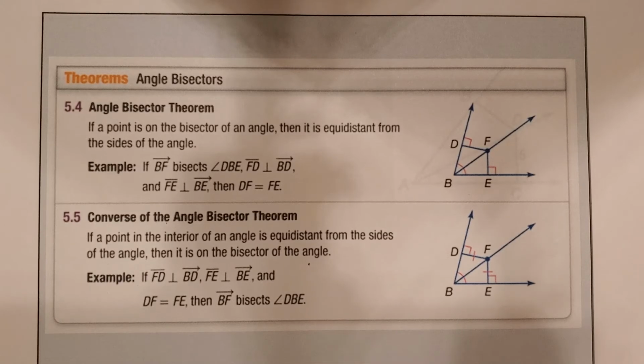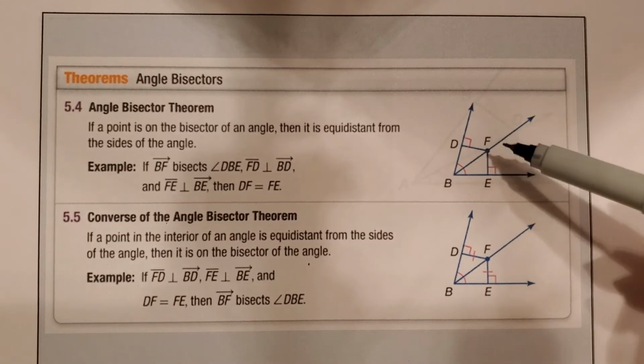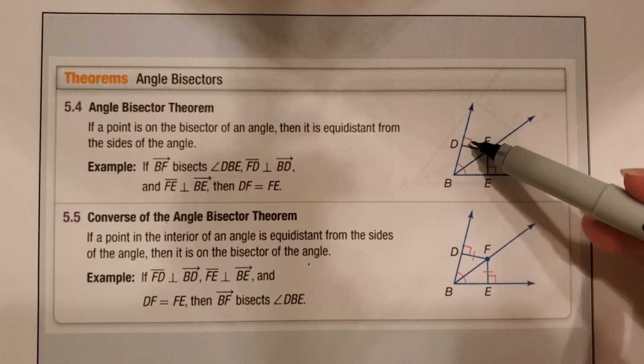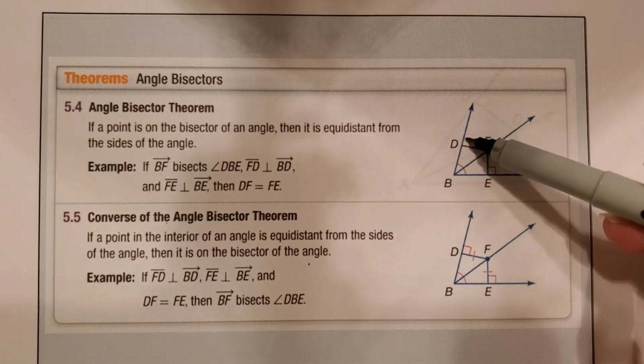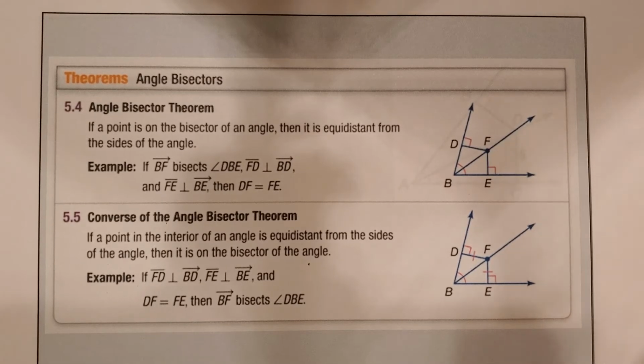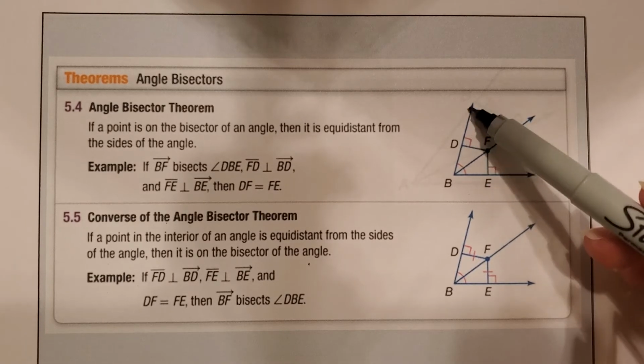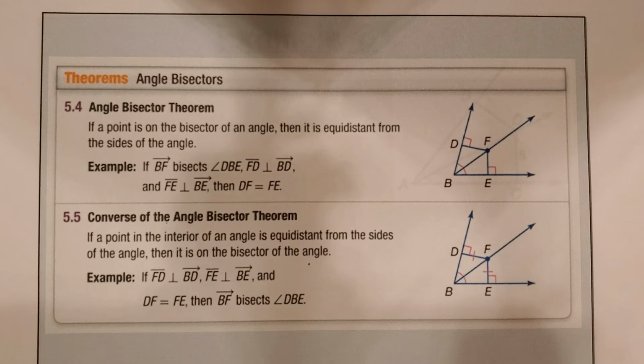So part of what's also important about this is the fact that the shortest distance from a point to a line or to a line segment creates a perpendicular. So when we talk about this distance between the sides of the angle and the angle bisector, this perpendicular is implied. All right, so this probably will show up in a lot of your pictures, but you do need to also have this idea that this distance creates that perpendicular with the actual side of the angle.